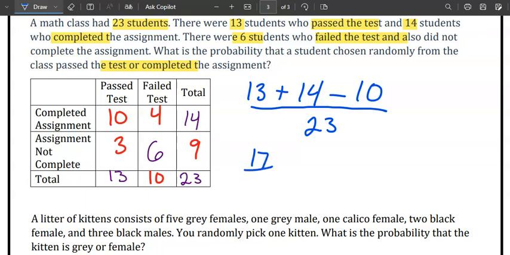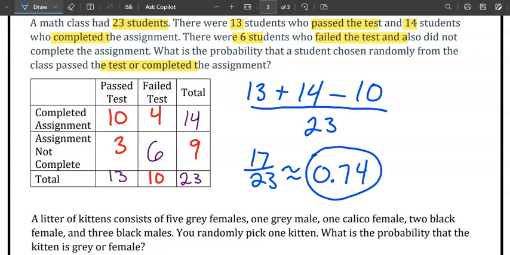We have 17 over 23. Which is about 0.74. When they ask for probabilities, sometimes you can represent it as a fraction, as a decimal, or as a percentage.